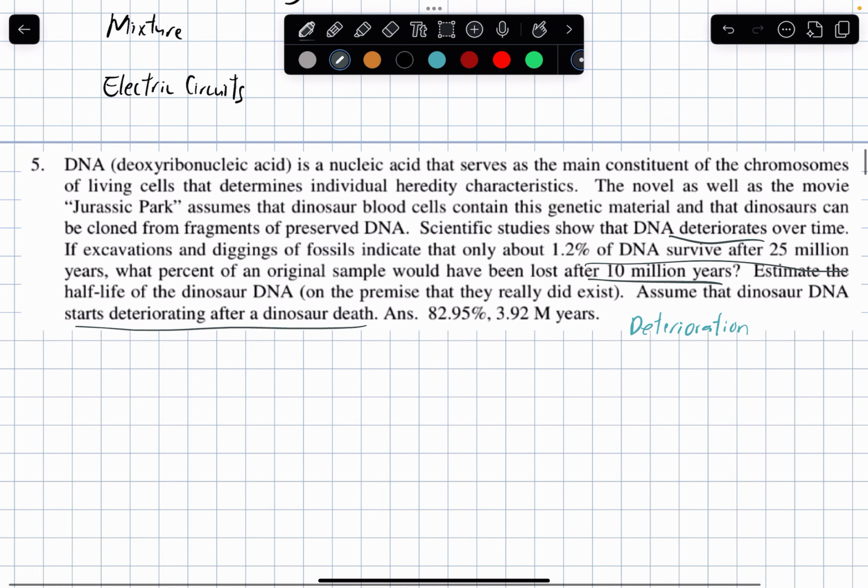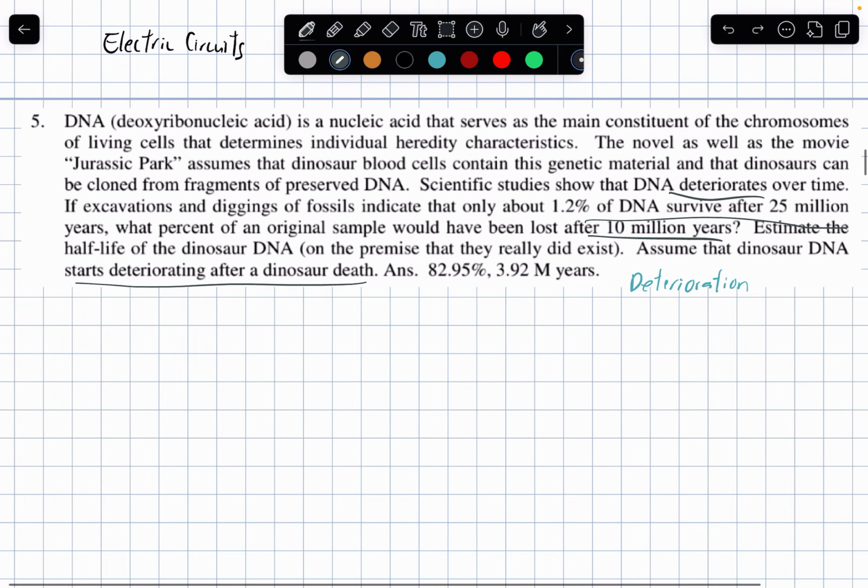It says here, so we have DNA. DNA deteriorates over time. So from this word, it tells you that we're dealing with deterioration. If excavations indicate only 1.2% of DNA survive after 20 million. Okay, so we have time. You have to expect that you'll be listing time values as well as x values.